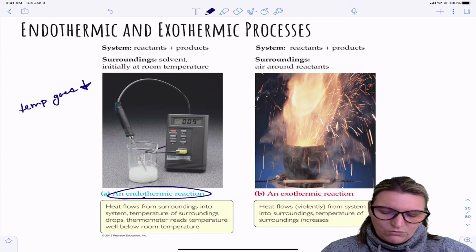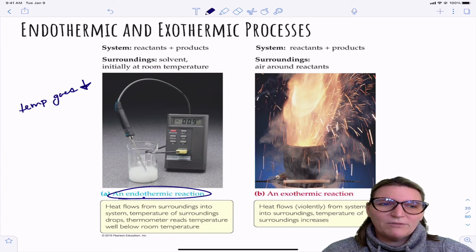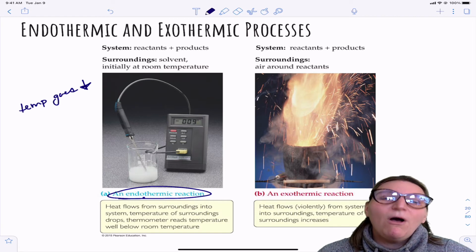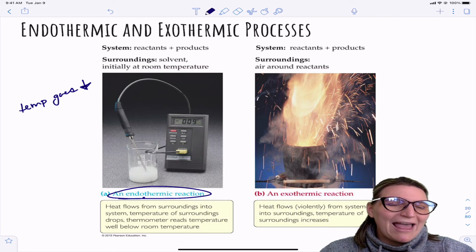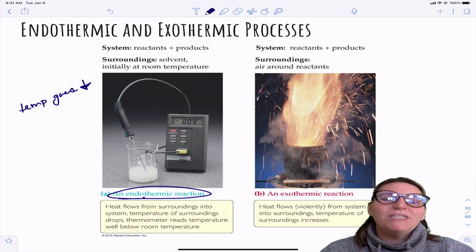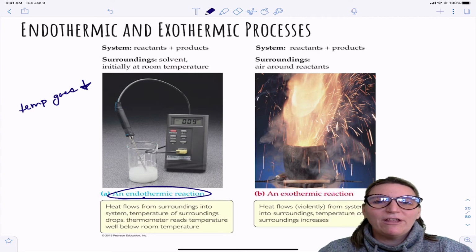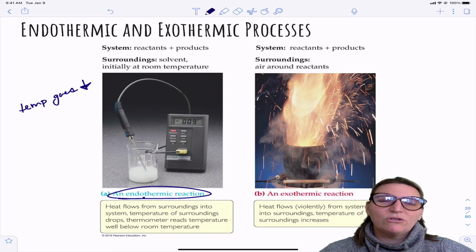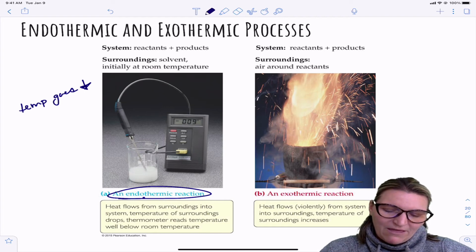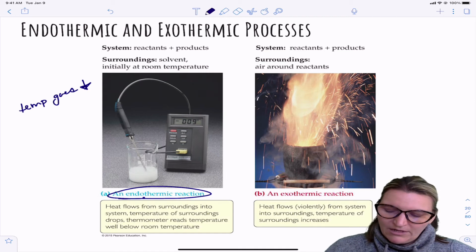You mix those two and it makes this solution and it absorbs energy. A lot of students want to say, well, if it absorbs energy, then wouldn't it be positive? But it's the actual atoms and molecules themselves that are gaining potential energy. Their bonds are changing. If they're gaining potential energy, they have to be gaining that from somewhere else. And what you're feeling is the surroundings. So that's why you see that the temperature goes down.